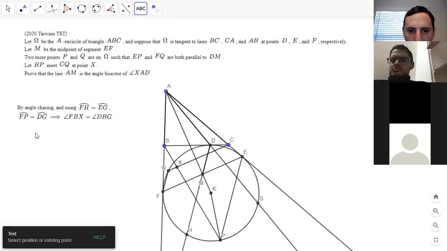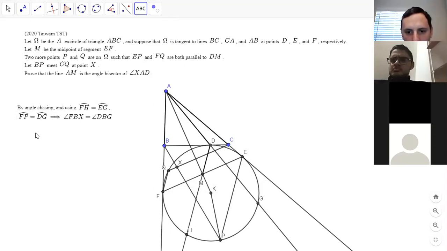angle BCX is now, I'm getting confused. So similarly, BCX is, wait, FBX is X and G. So BCX is GCE.